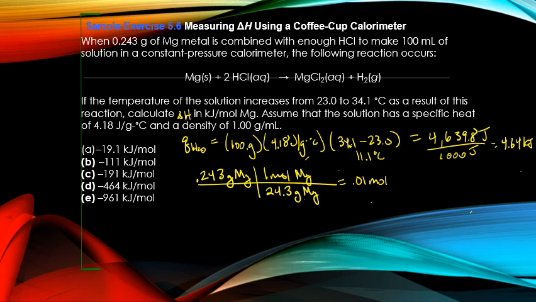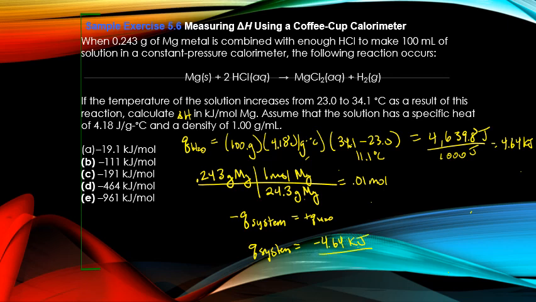So I can now at this point take the negative Q for the system equaling the positive Q for the water. So in this case, because the water absorbed 4.64 kilojoules, I know that the Q for the system will equal a negative 4.64 kilojoules.